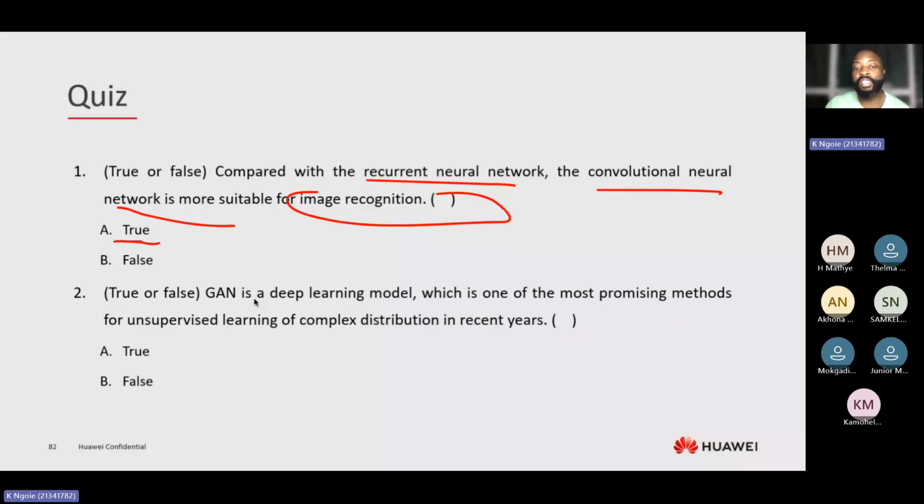GAN is a deep learning model, which is one of the most promising methods for unsupervised learning of complex distribution in recent years. As you can see, this is a complex question.